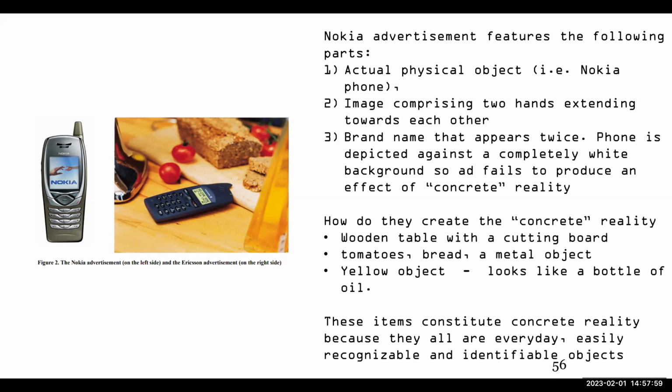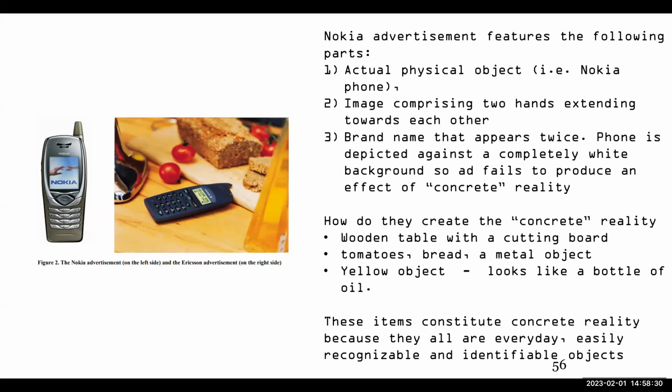Now, when they had the Nokia advertisement and Ericsson on the right, Nokia was a very functional phone, and of course, it was leading the market. At that time, they wanted to show Ericsson in a different context. If you see the context, it has cherry tomatoes, brown bread, a wooden table, the cutting board. So they were trying to create a reality which is different as compared to Nokia.